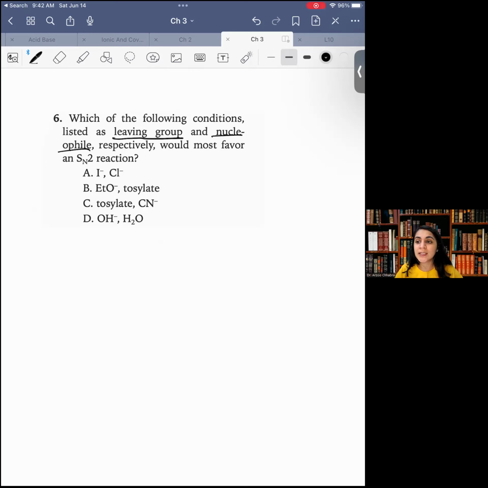If you really think about it, the leaving group in an SN2 reaction, or even an SN1, we want to be a really good leaving group, right? And a nucleophile. So let's say a leaving group, we want that to be a good leaving group.